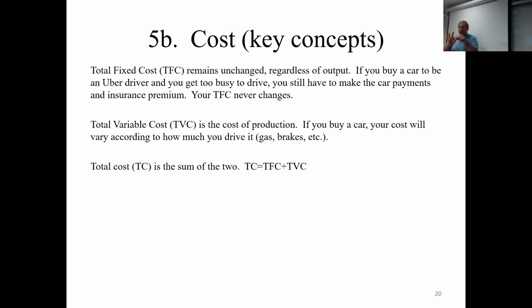Put the two together: the total fixed cost, the cost of insurance, the car payment, etc., plus the cost of doing business, which is the variable cost. That's going to be your total cost of operation. So the two are going to be important. Again, I'm trying to stay away from too much technique. The total cost is going to be a combination of the total fixed cost plus the total variable cost.